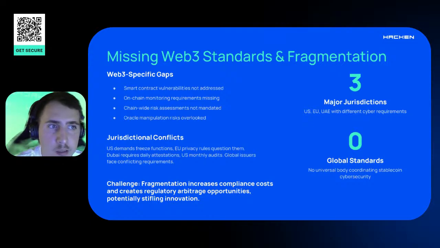Sometimes we still need to teach regulators how to check effectiveness with Web3 security. Smart contract vulnerability is not addressed, and if it needs to be addressed, we need to define our risk appetite regarding the risk levels. On-chain monitoring requirements are missing in about half of the existing jurisdictions and regulations right now.